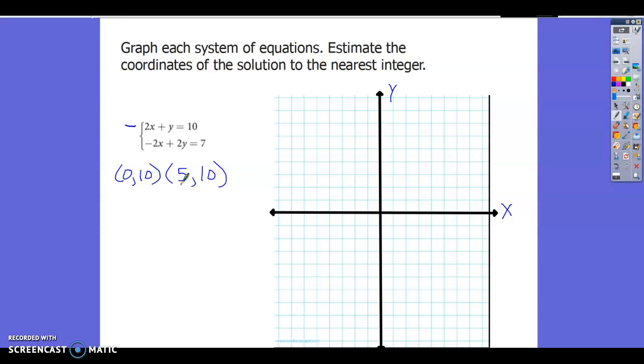All right, so if I want to graph these, let's see, 1, 2, 3, 4, 5, 6, 7, 8, 9. All right, let's see if I can move my line down a little bit. I don't know if I can or not.